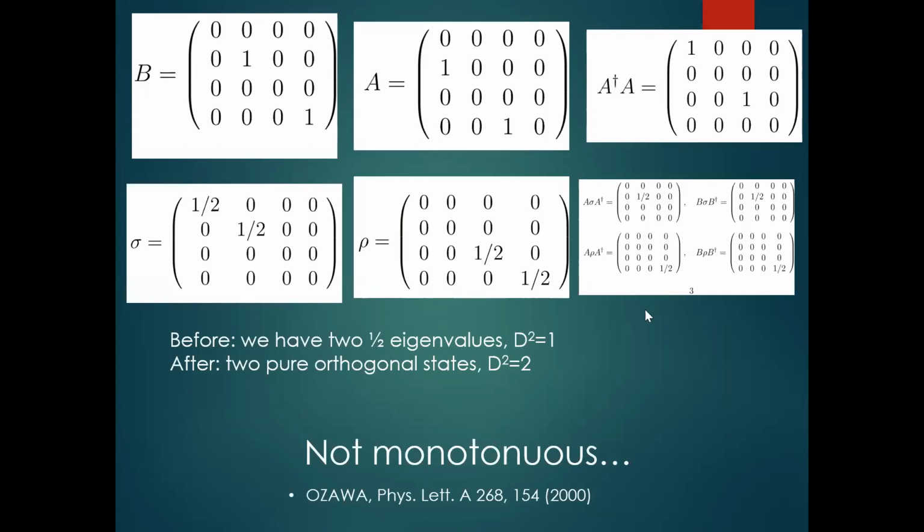The second qubit is just a flag of orthogonal states, and the first one initially is in the maximally mixed state. If you apply this operation, you of course end up in a pure state, because that's amplitude damping. The distance between these two states actually increases under this operation.